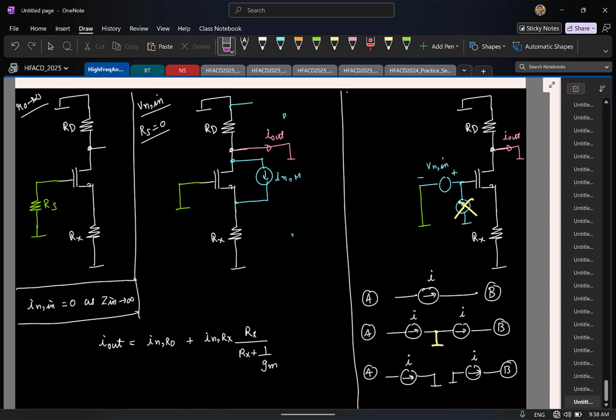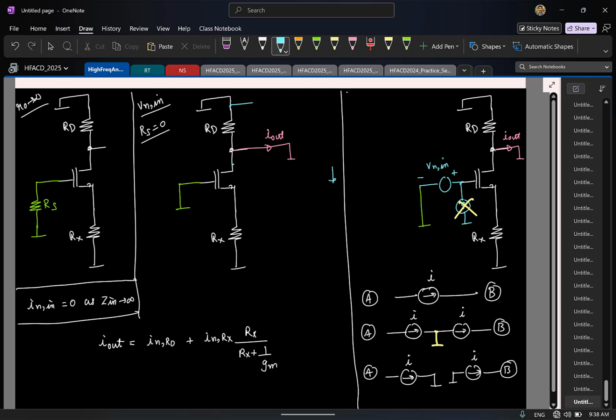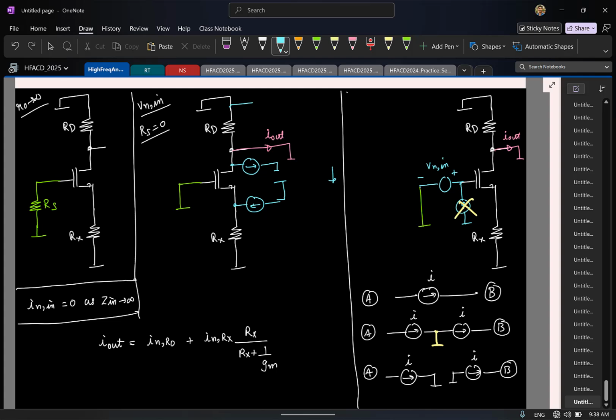So now I have this floating current source. What I'll do is this: as of now the current direction is down. I'll assume that I have two current sources now. So the same current flows. Now it should be very clear, right?